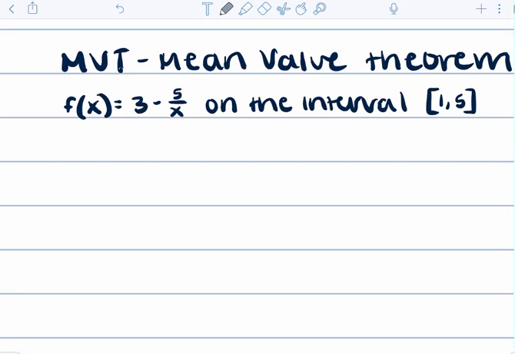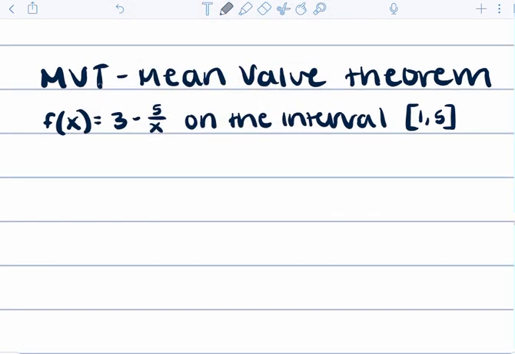And so to do this, we know that wherever x is 0, because 5 over 0 is undefined or does not exist, then we know that the function won't exist at that one point. And because 1 and 5 does not include 0, then we know that the function is continuous between 1 and 5, but just not where 0 is.